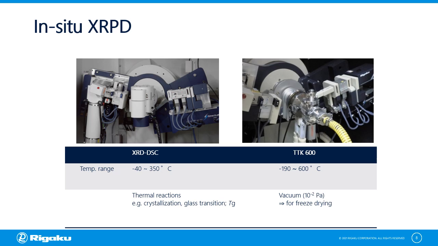Instrument control software recognizes these options once mounted, and sample alignment is carried out automatically. Temperature, XRD, and DSC conditions are fully controlled by the software, and you can program it easily using its graphical user interface.